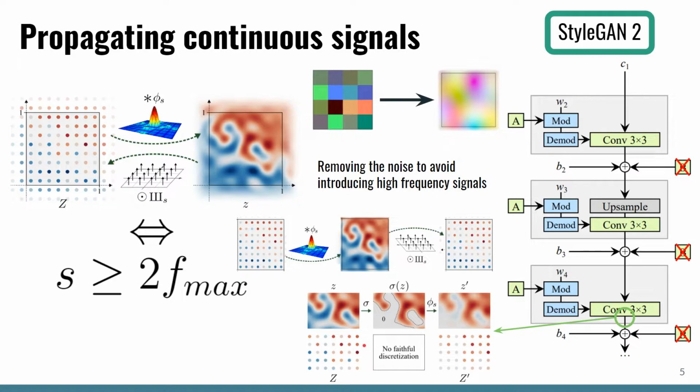And basically, the trick that they decided to use here is, they basically said, okay, we don't have a continuous signal.